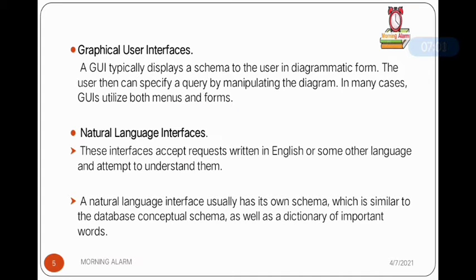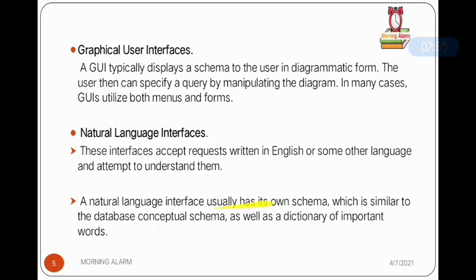The next one is natural language interface. In this type of interface, the user can use languages like English or some other languages, and the interface attempts to understand them. In this natural language interface, the natural language itself has a schema which is similar to the database conceptual schema.